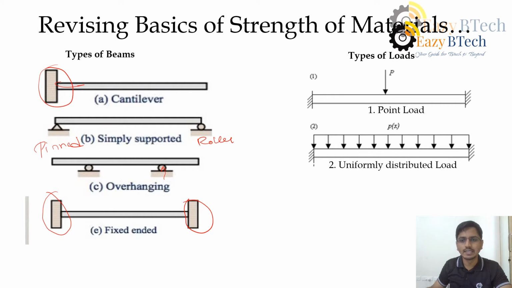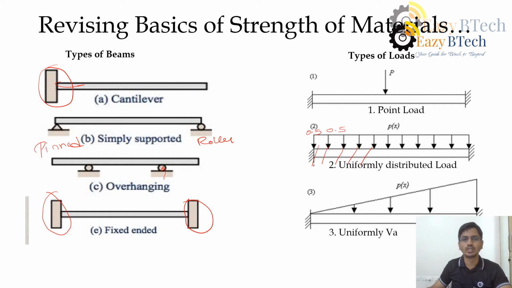In this type, the load acts throughout the beam and it is evenly spread. Evenly spread means at every point of the beam, the intensity or magnitude of the load will be the same. Suppose at this point it is 0.5, then at each and every point the load will be the same, 0.5 Newton per meter or kilonewton per meter. It continues till the end of the beam.